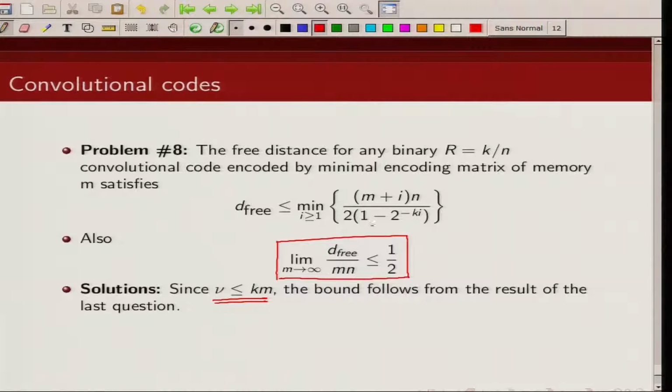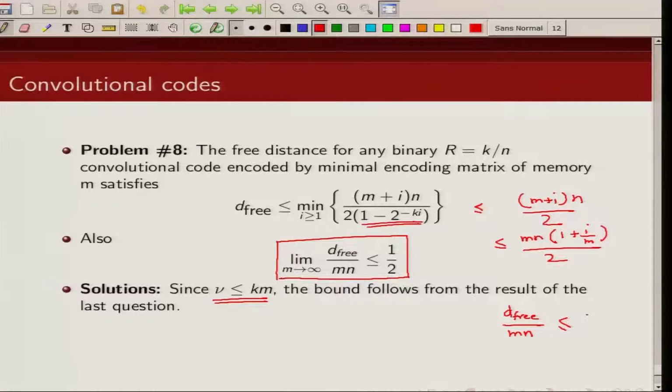So, we know that this term is less than 1 and so, this we can just upper bound by (m+I)n/2, and if I take m and n out, this will be (1+I/m) times mn/2. So, d_free/(mn) would be upper bounded by (1+I/m)/2, and if we let m go to infinity, this will go to 0.